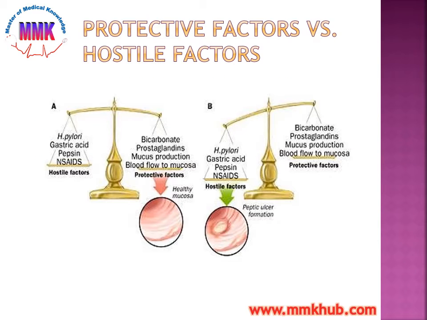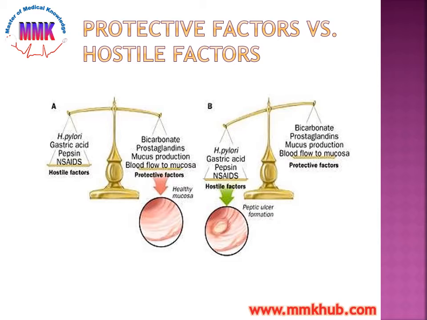There are various factors which affect the mucosal lining. These can be protective factors and the hostile factors. In normal physiological condition, there is a fine balance between the protective factors and the hostile factors.